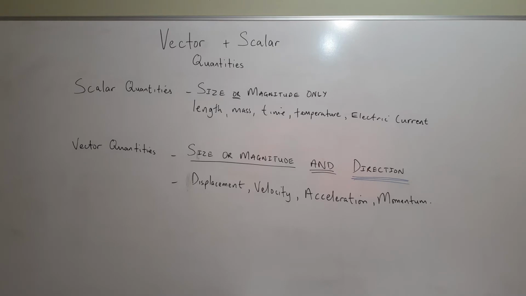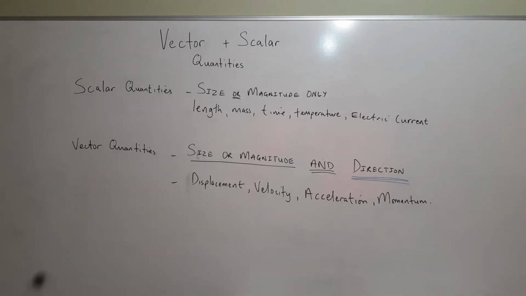For example, length. Let's say you are buying a length of cloth. You could say, I want 3 meters of cloth, or 3 meters of some particular material, right? That's a length. We only describe how much, in this case, 3, right?